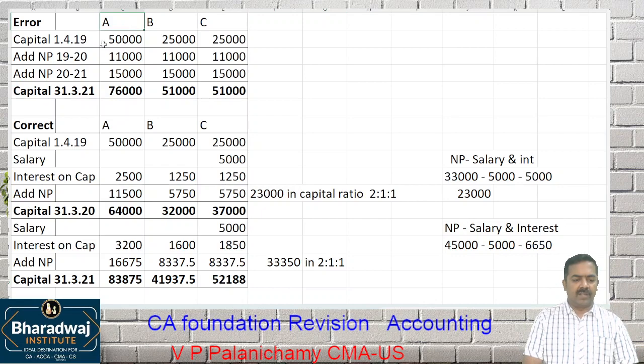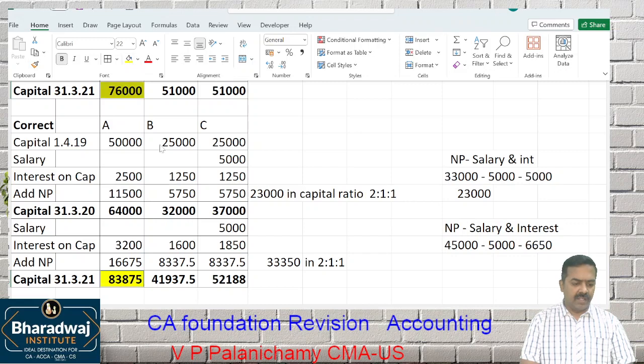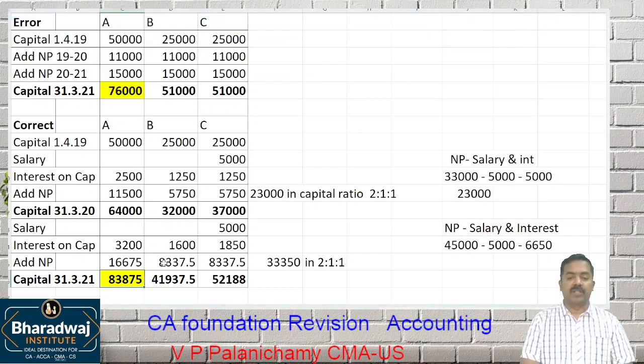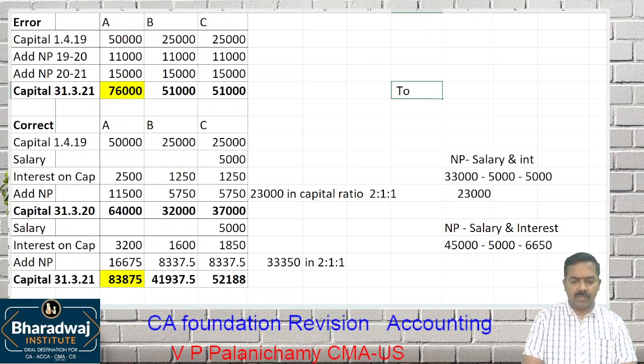Now, look at A, what is the error capital? 76,000 is there. But how much should it be correctly? It should be 83,875. So we have to credit which partner? We have to credit which partner? To A's capital, the difference.